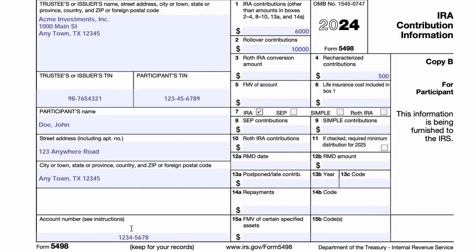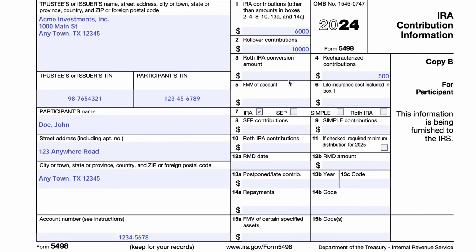5498 forms. This might happen if, for example, John Doe had a traditional IRA and a Roth IRA, and let's imagine that he did his $6,000 of contributions and then he did a backdoor Roth conversion. He would then receive a copy of Form 5498 for both IRAs. The IRA contribution information would be reported for the traditional IRA because that was the money that he first deposited into.